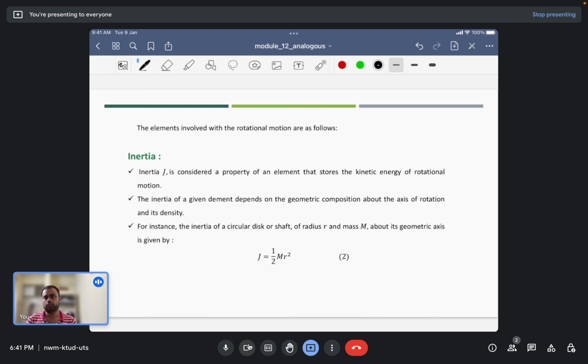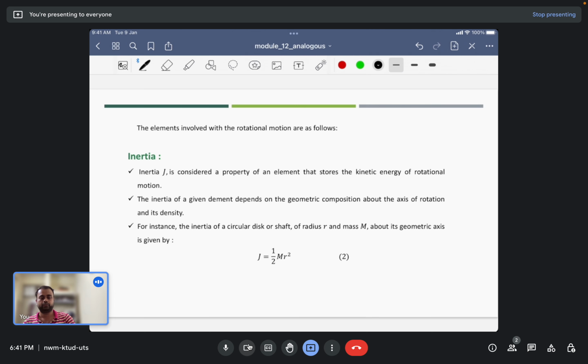object depends upon the geometric composition about the axis of rotation. So for instance, the inertia of a circular disc or shaft of radius r and mass m about its geometric axis is given by, so moment of inertia J is equal to half m r square, where m is the mass and r is the radius.